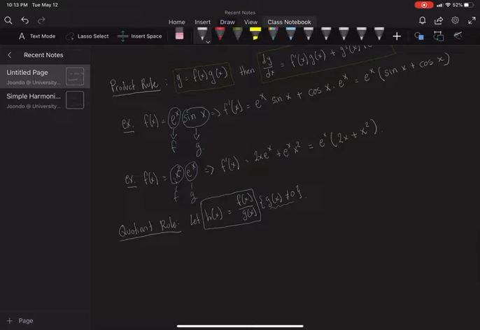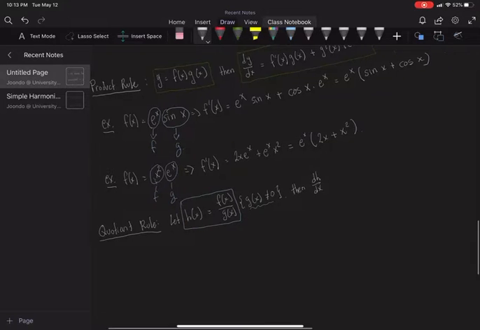Then dh/dx is going to be equal to 1 over g of x squared, times g of x f prime of x minus f of x g prime of x.